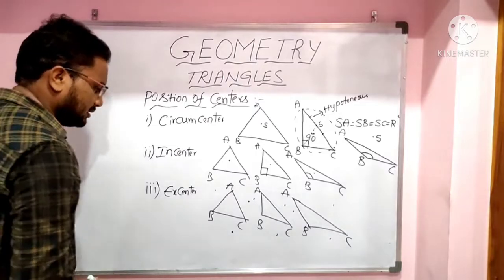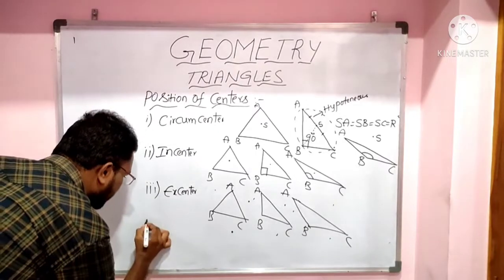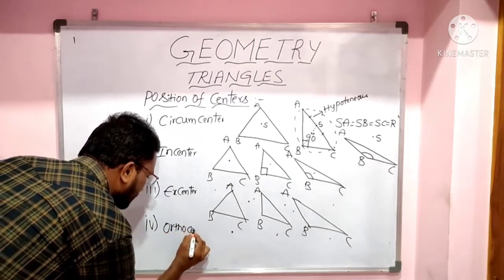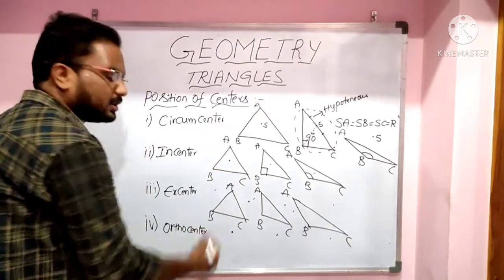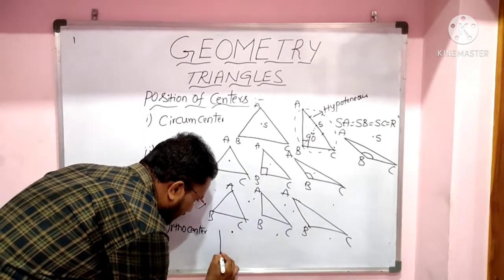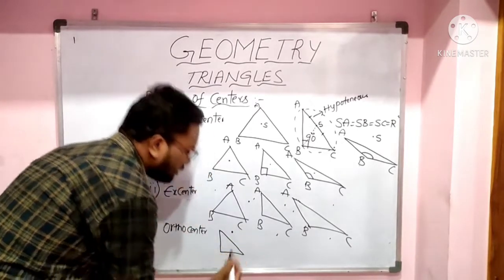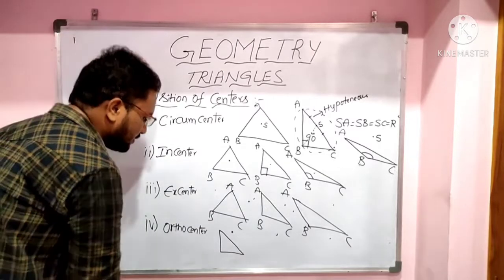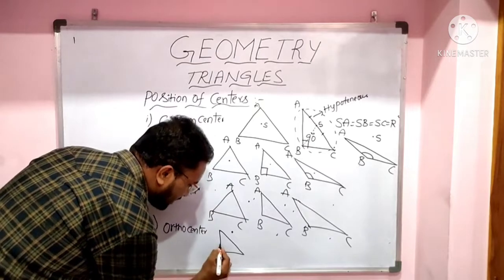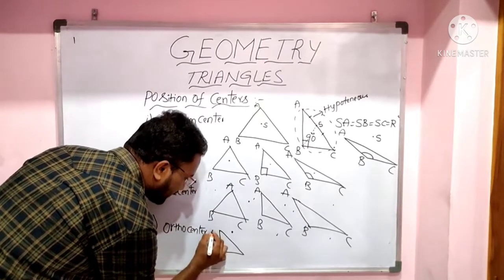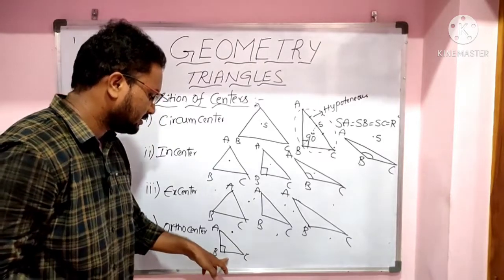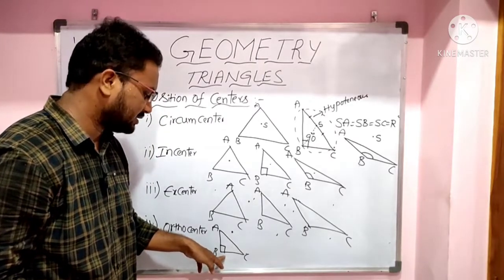Next, fourth one, the orthocenter. Orthocenter in a right angle triangle: the orthocenter always lies at the vertex at which the right angle is formed.